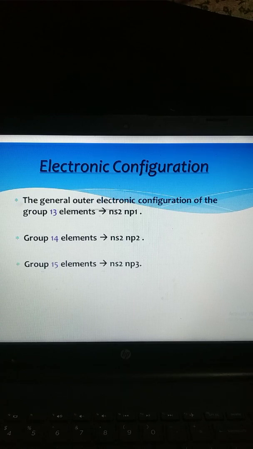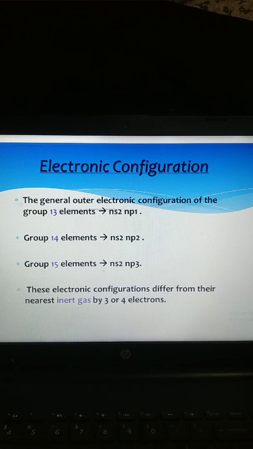In group 15, the configuration becomes ns2 np3. So in groups 13, 14 and 15, one electron goes on increasing: group 13 has np1, that is 1 electron, group 14 has np2, that is 2 electrons, and group 15 has np3, that is 3 electrons.